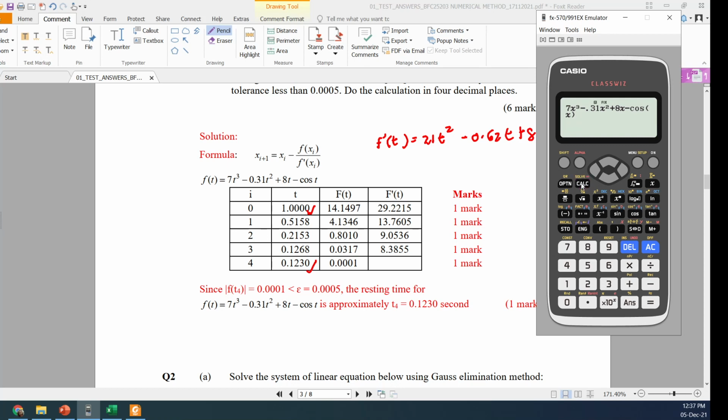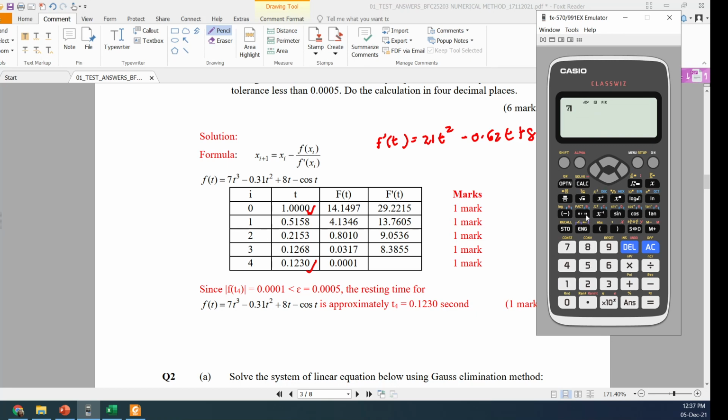Then, why cannot calculate? Oh, matrix 1. Radian.